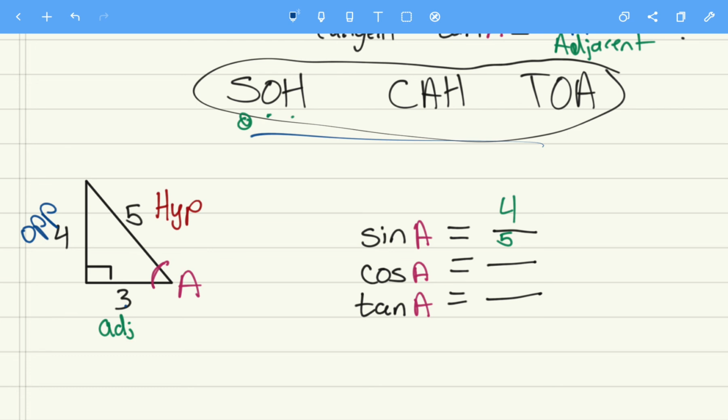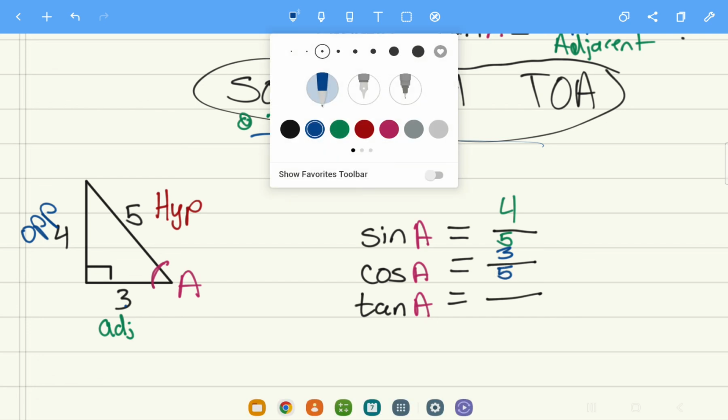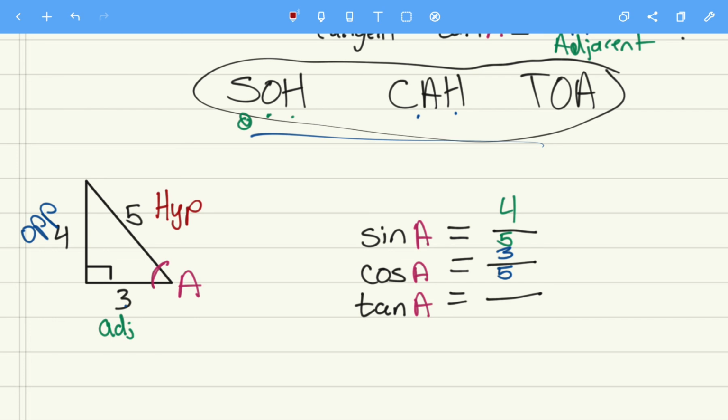Cosine is adjacent over hypotenuse. So that's going to be 3 over 5. And last but not least, tangent is opposite over adjacent. So that is going to be 4 over 3. And yes, sometimes your fractions will have a bigger number in the numerator. That is okay. And that is it.